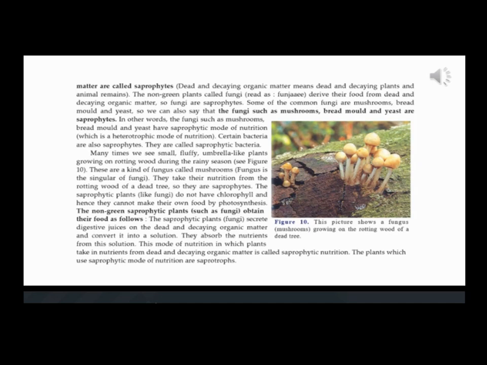They absorb the nutrients from this solution. This mode of nutrition, in which plants take in nutrition from dead and decaying organic matter, is called saprophytic nutrition. And the plants which use saprophytic mode of nutrition are saprotrophs.